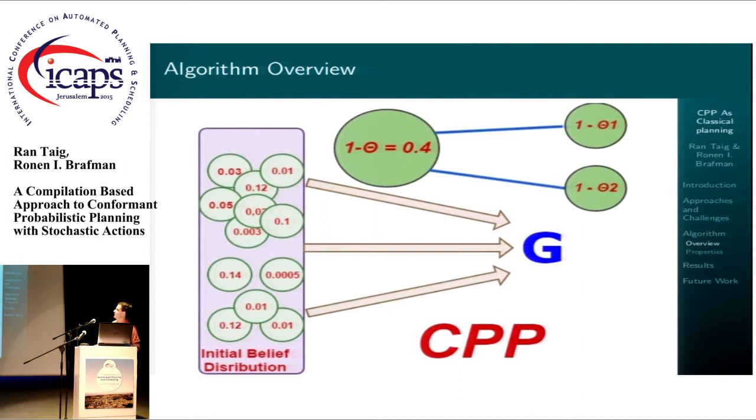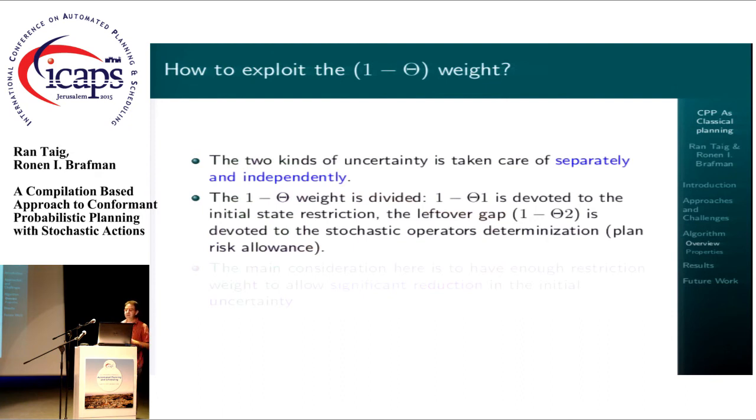One of the first decisions that we need to make is this probabilistic gap, as we call it. I have a legitimate 0.4 probabilistic mass that I can take the risk not to succeed in, and I need to decide how to divide it: what will be devoted to the initial uncertainty and what will be devoted to handling the stochastic effects. We take care of those two kinds of uncertainties independently.